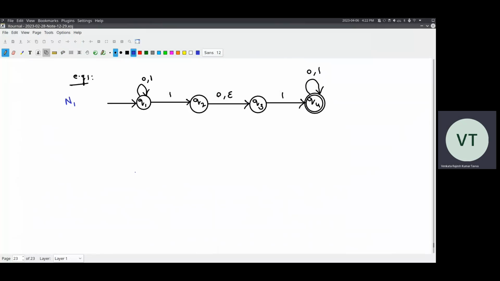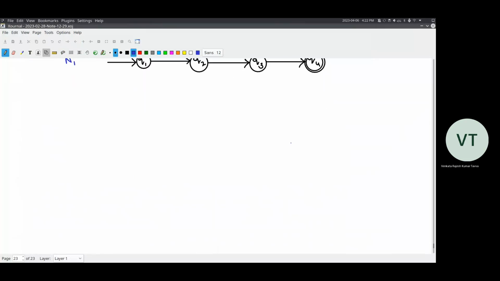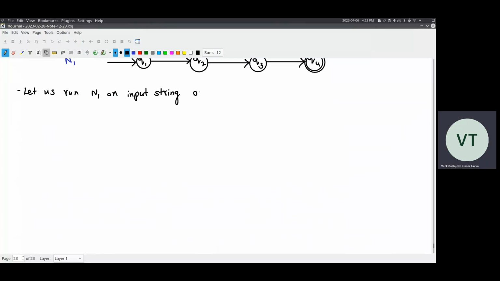Okay, and let us run N1 on input string 010110 to get the process tree.